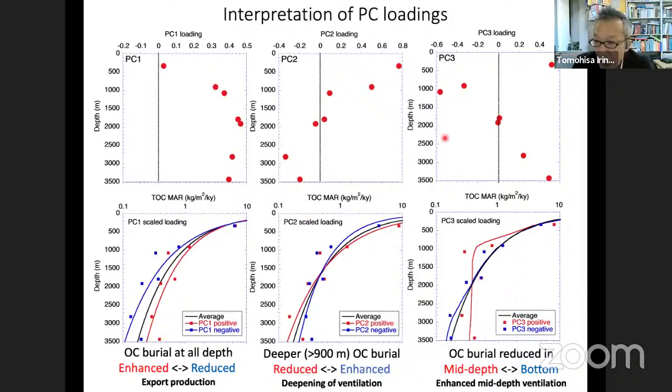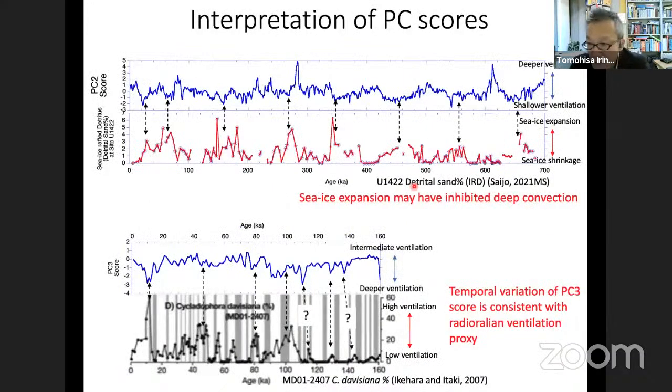It is very difficult to interpret them, so I try to find similar signals from the previous data or the data my student recently made.